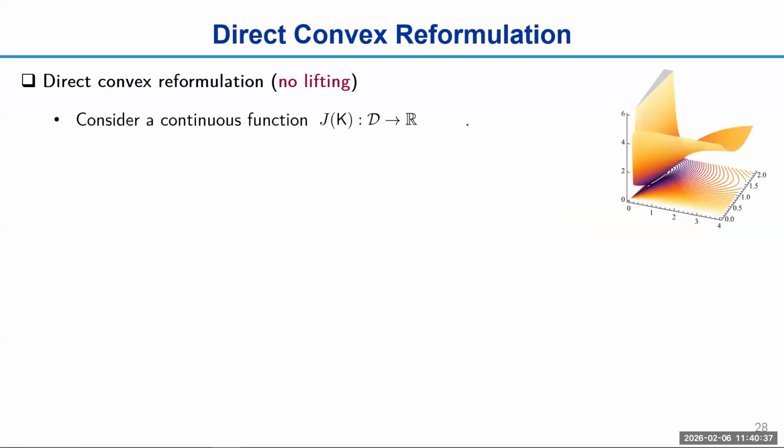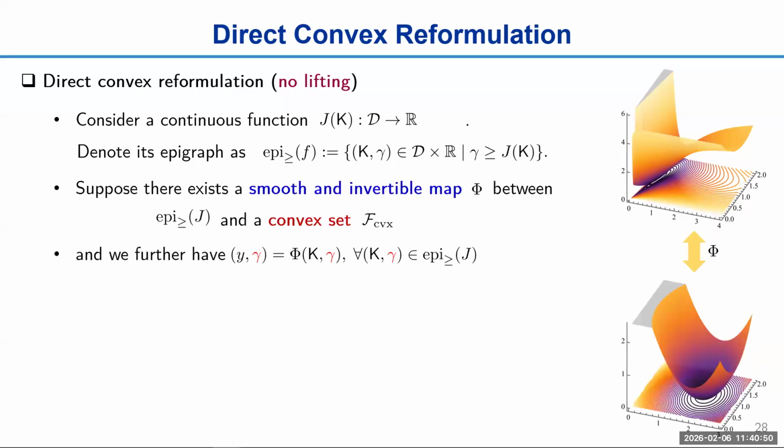Okay. So with this observation, you may say, let's formalize it. Let's consider a continuous function here. And then we look at the epigraph, the graph above the function. And we say, suppose there is a smooth and invertible map between your epigraph and a convex set. And this convex set should have some epigraph property. So we assume the map directly outputs the function value as the second argument.